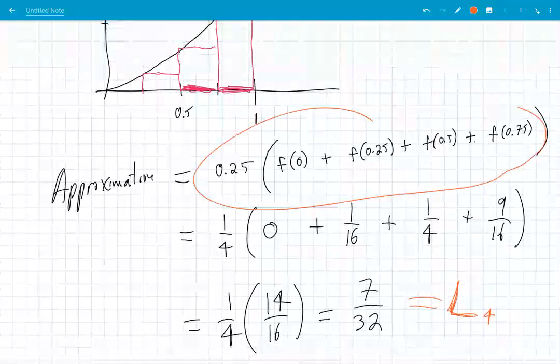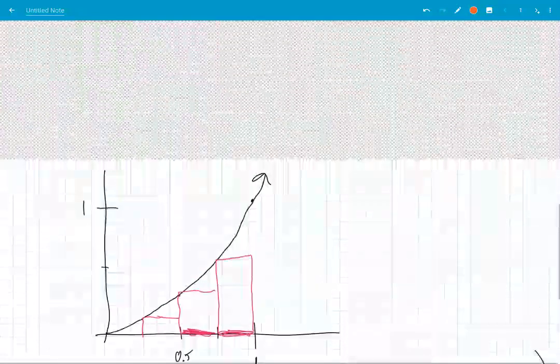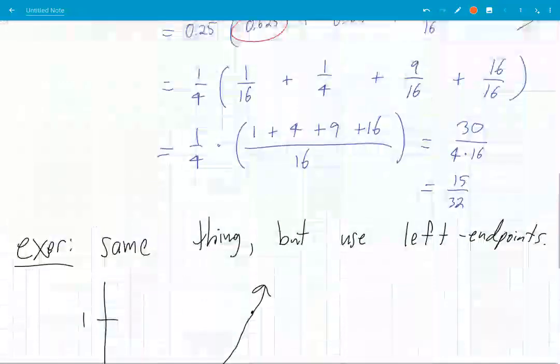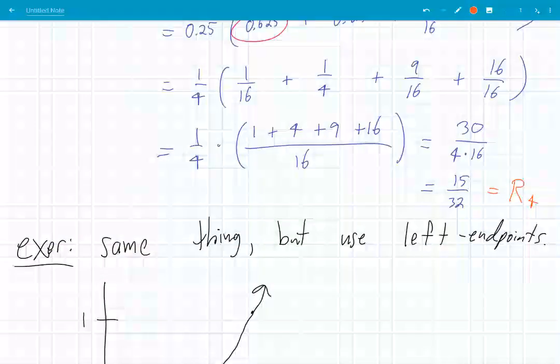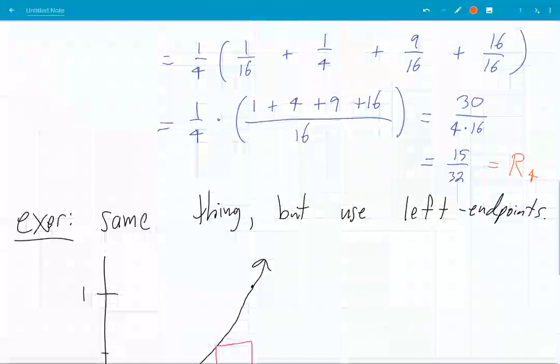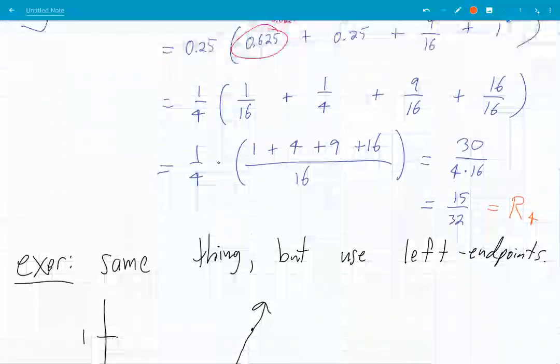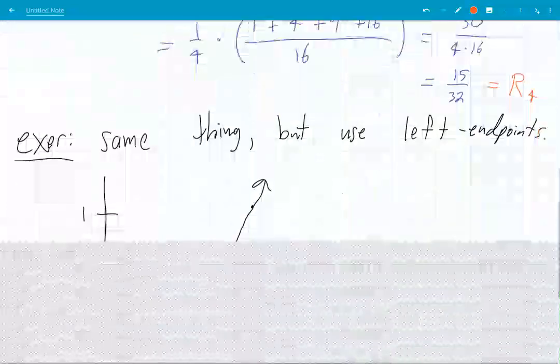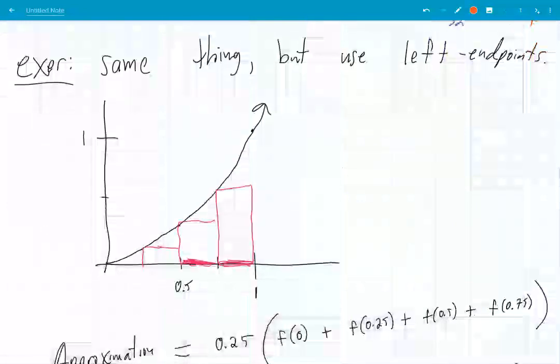So this approximation here is called L4. And what I did in the example is called R4. So 15 over 32 is R4. So we got L4 and R4. Now, neither of those are very good approximations. One of them is too low, one of them is too high.